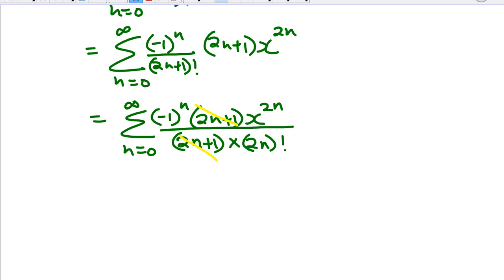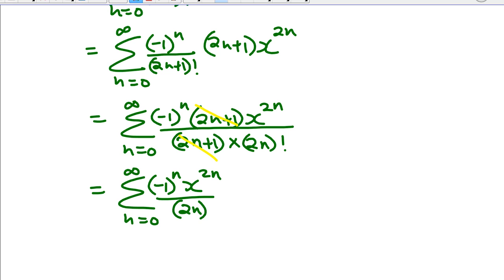So what you end up with is the sum from n equals 0 to infinity of negative 1 to the power n, x to the power 2n over 2n factorial, and this converges for all values of x.